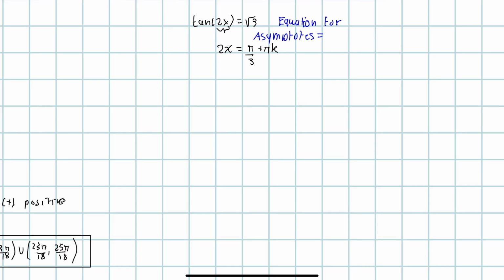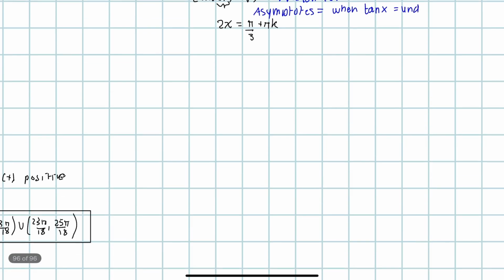The equation for asymptotes is when tan x is undefined. So that's when it's undefined. But we know that our boundaries are 0 is less than or equal to x is less than 2 pi.